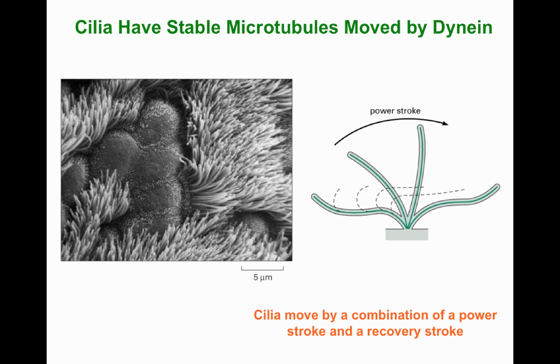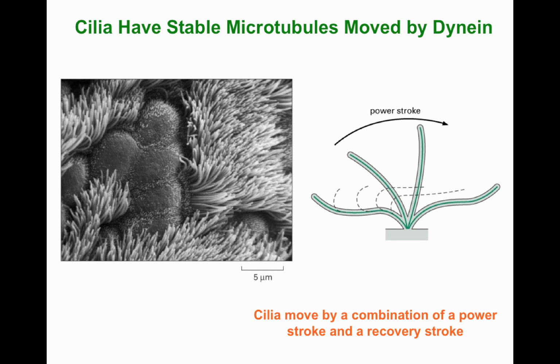One of them is the power stroke, and the power stroke comes from the left and moves the microtubule all the way to the right. But when it is all the way to the right, it's going to coil and bend by itself, moving all the way back to the initial position of the power stroke, and that is called the recovery stroke.